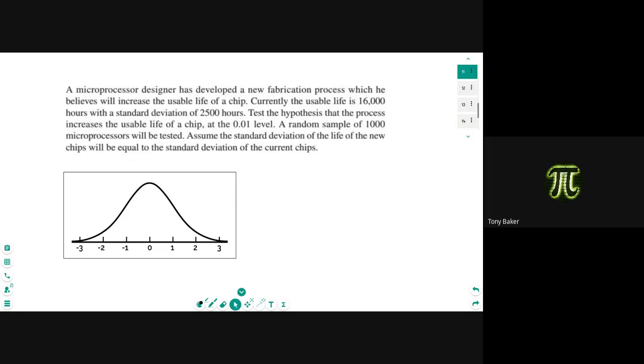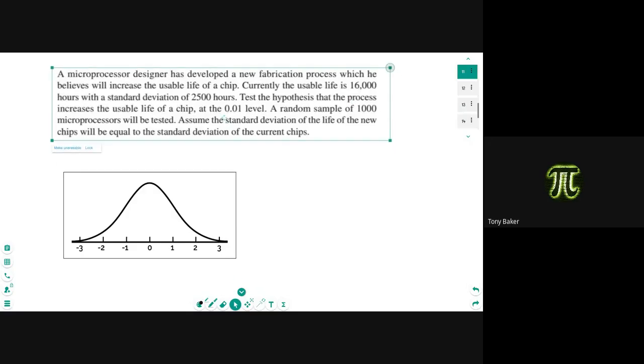I won't be switching screens for this one. It's all going to be on one screen. Okay. So the first thing you're always going to want to do for these problems, find the null hypothesis, find the alternate hypothesis. That is always step one.